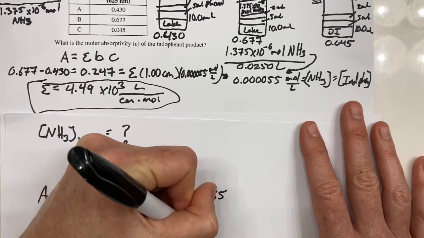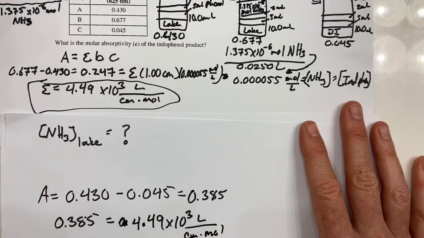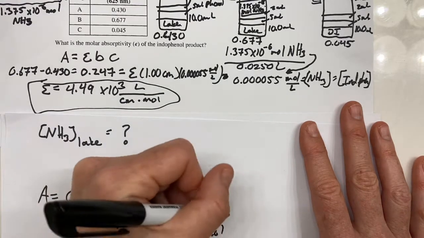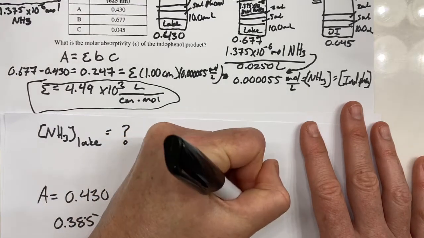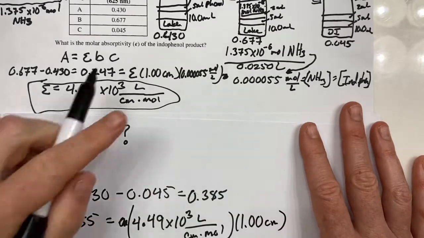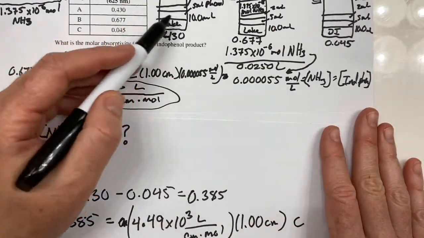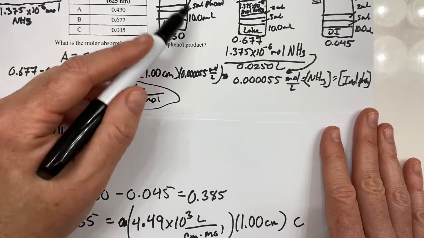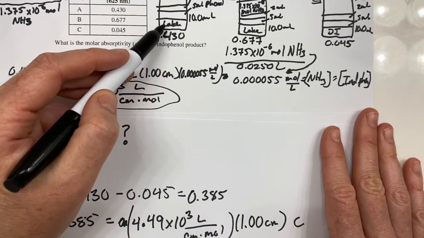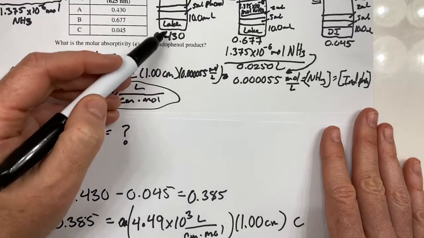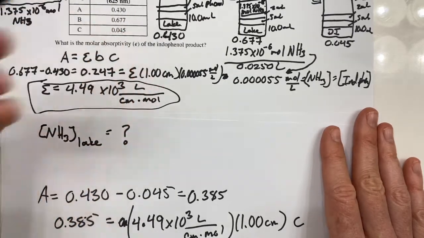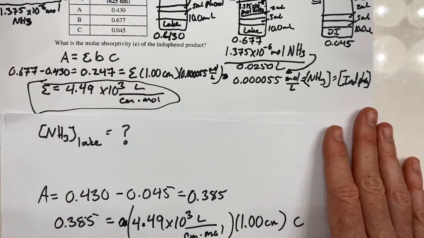Liters per centimeter times mole, times the path length, which stays as 1 centimeter, times the concentration. Now keep in mind, this is the concentration of this sample right here. It's not the concentration of the lake water itself, which is the ultimate question. So let's go ahead and find the concentration of this sample, and then we can just figure it out from there, what it must have been in the lake.